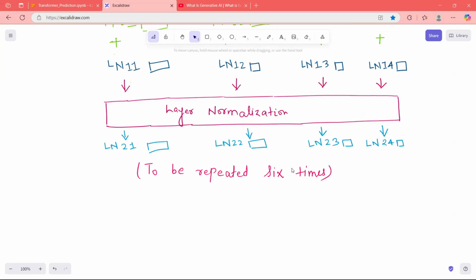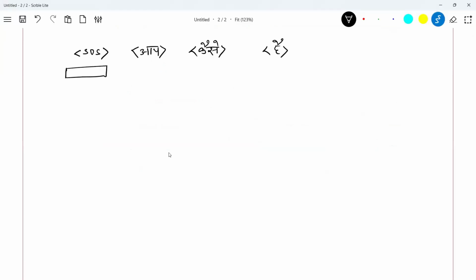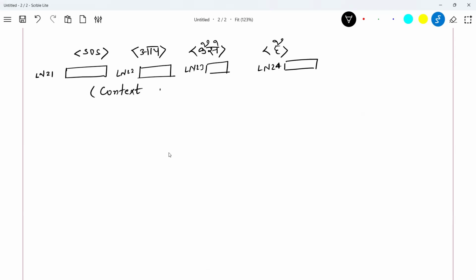Okay, so layer norm 21, ln22, ln23, and ln24. So what you are having is 4 embeddings basically. What are these embeddings? These are basically context aware embeddings. So these are very much context aware embeddings.